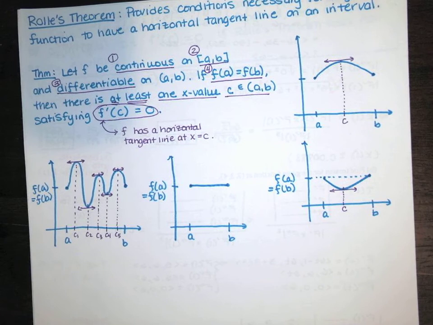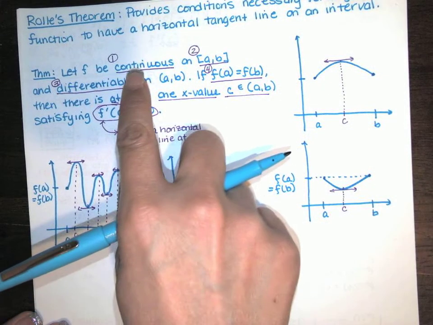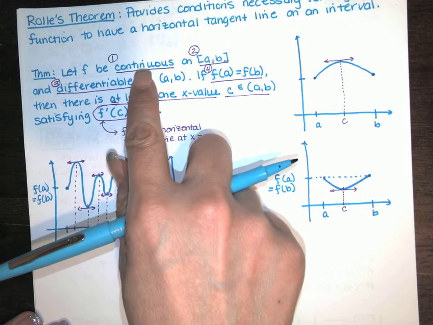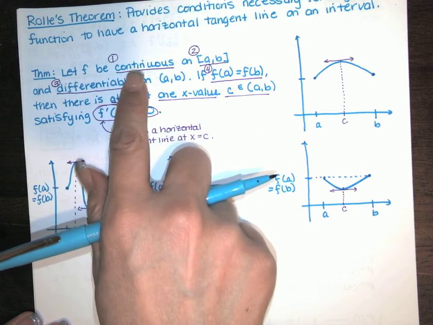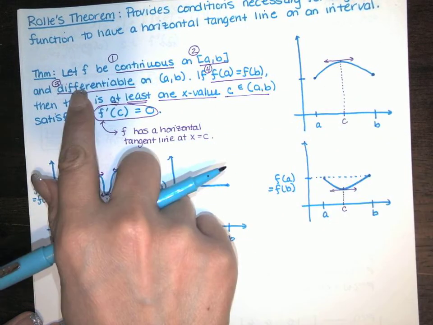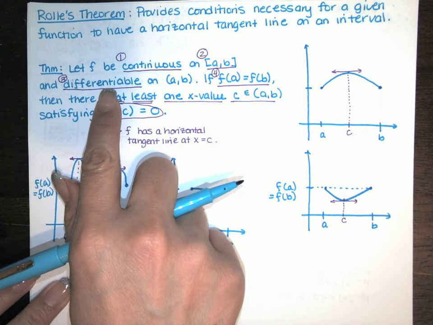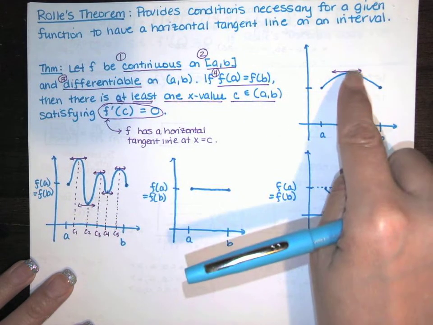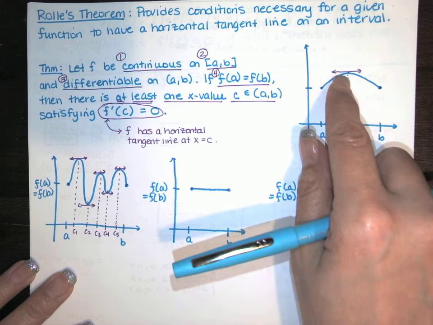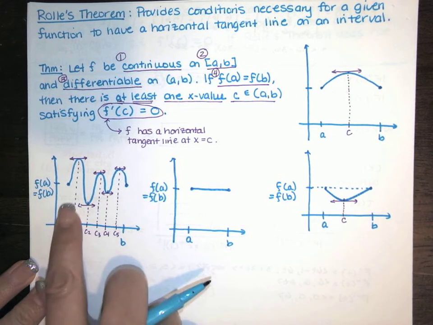So that's Rolle's theorem. We're guaranteed that if we're on a closed, finite interval like this, the function's continuous, so it can be drawn in one piece, and differentiable, so it's nice and smooth, and the y values are the same, there's at least one x value where the slope is 0. It might be there, or it might be there. There might be 5 of them.